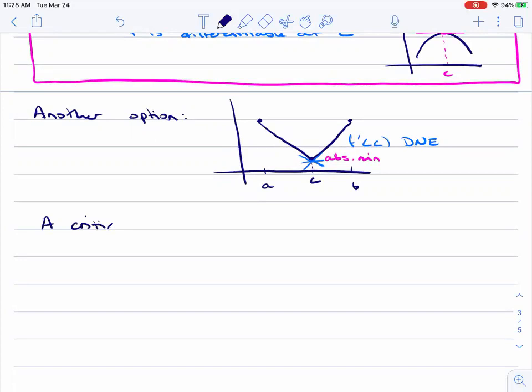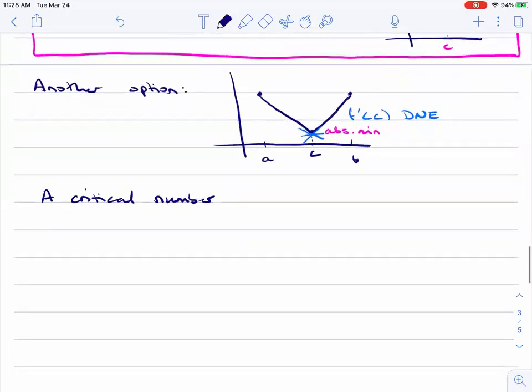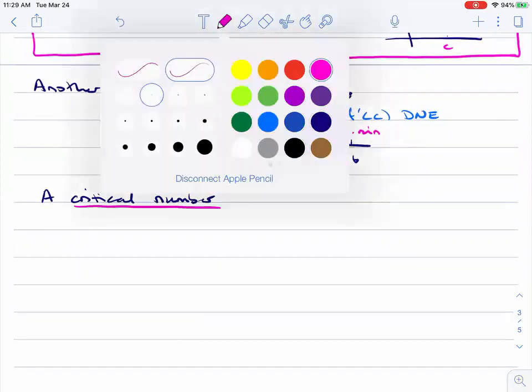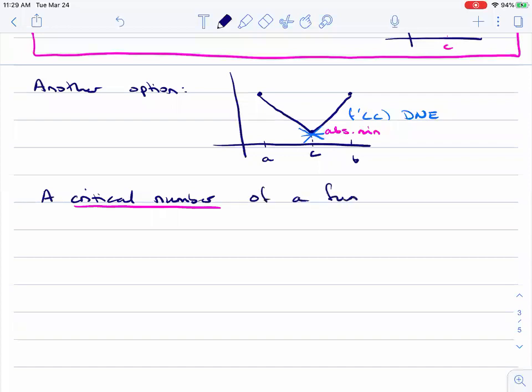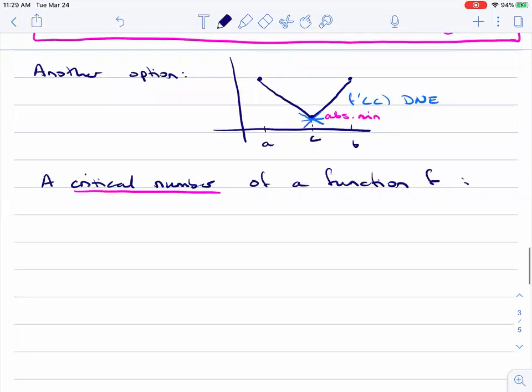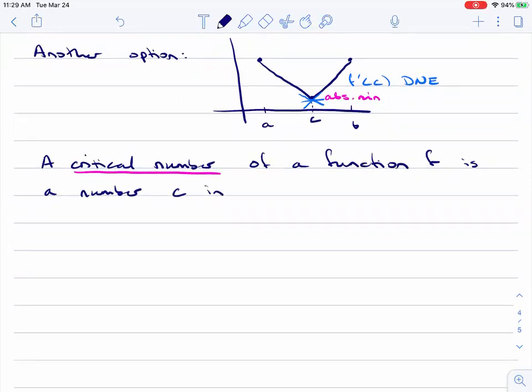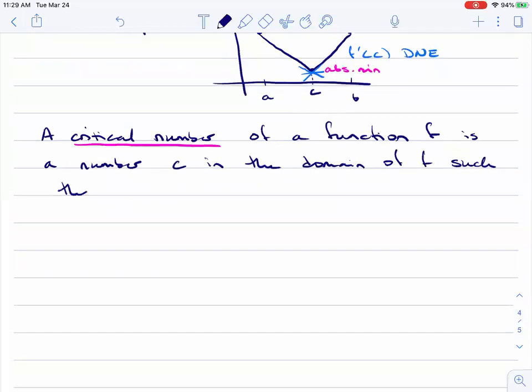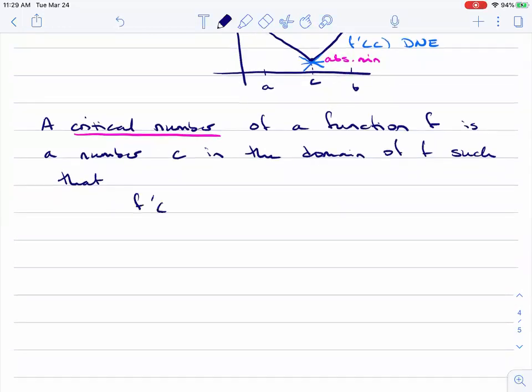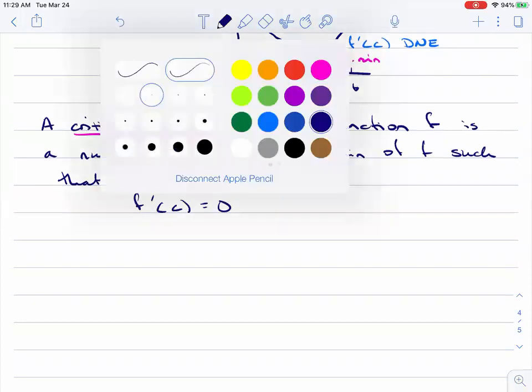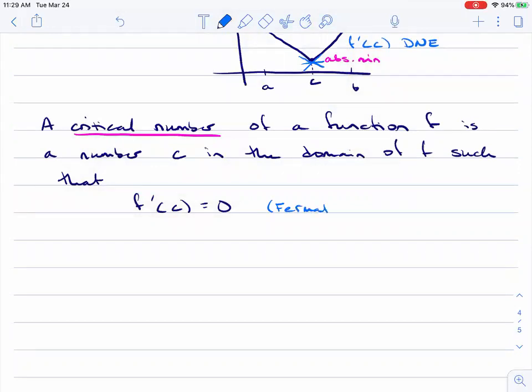And so a critical number of a function f is a number c in the domain, and we've just been using c as some point in that interval where it's continuous, c in the domain of f, such that the first option is that f prime of c equals 0. This is by Fermat's theorem.